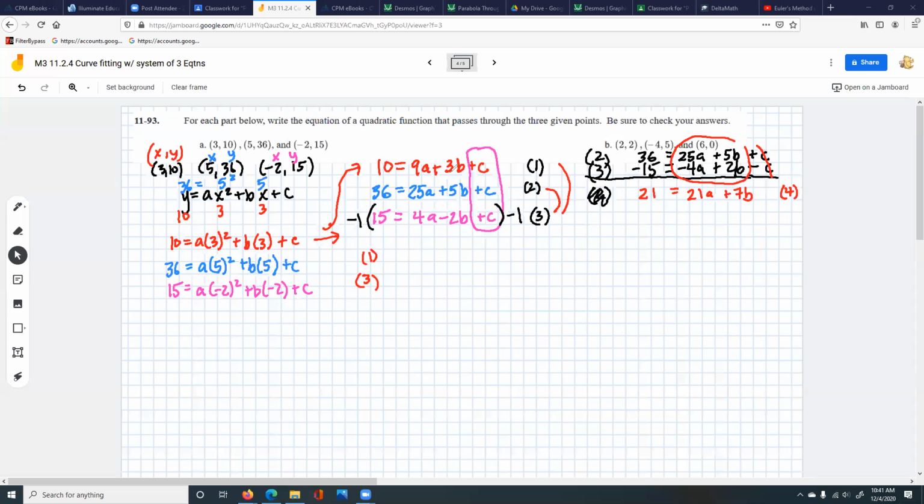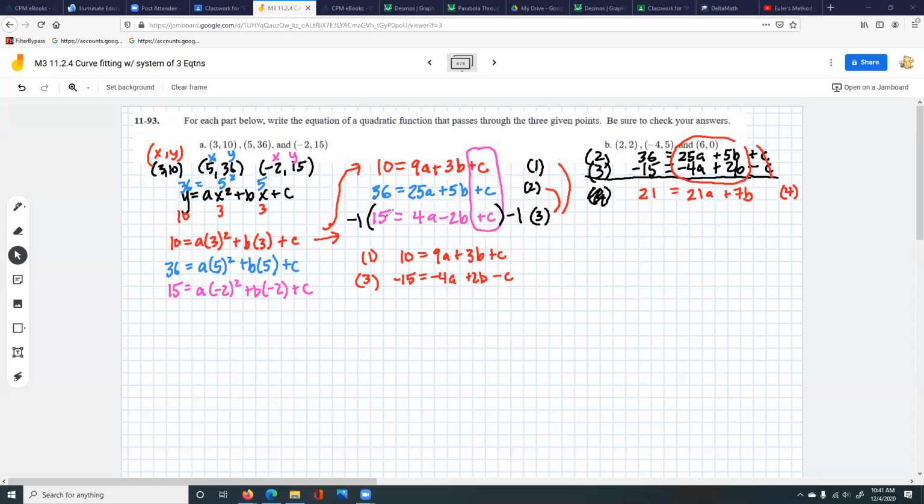So 1, I'm not going to multiply by anything. 10 equals 9a plus 3b plus c. 3, I'm going to multiply by negative 1 to get all these negatives. So negative 15 equals negative 4a plus 2b minus c.